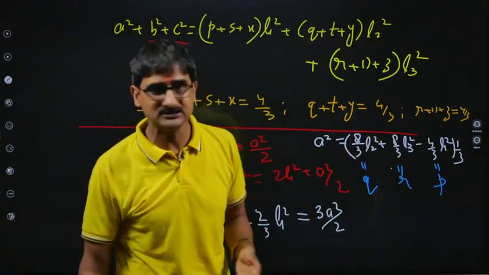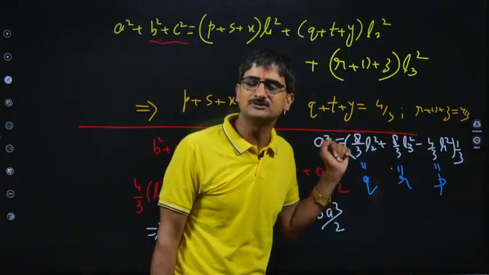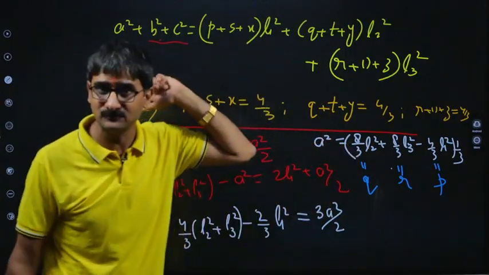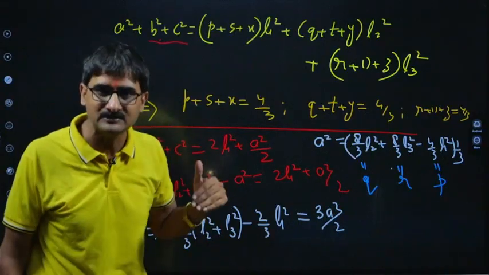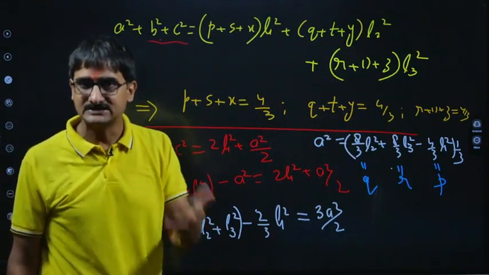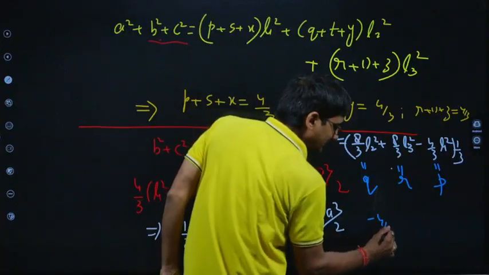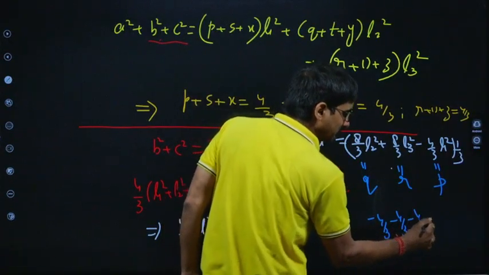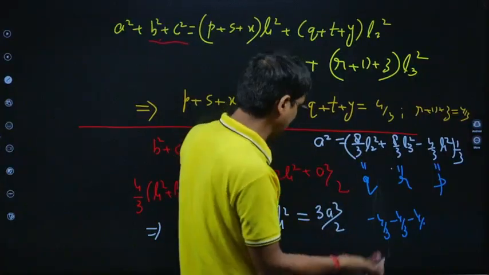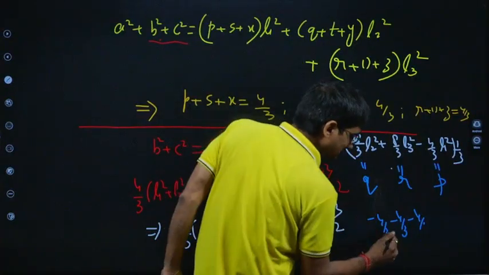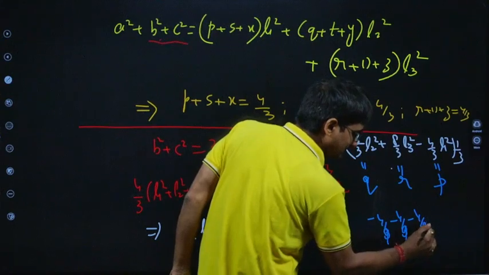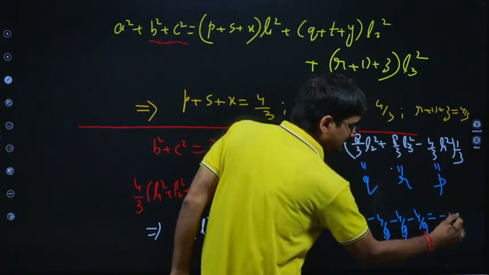If you do it for C square, it will be L3 square, whose coefficient will be minus 4 by 3. So if we add the diagonal elements P, T and Z, it will be minus 4 by 9, minus 4 by 9, minus 4 by 9, so it will be nothing but minus 4 by 3.